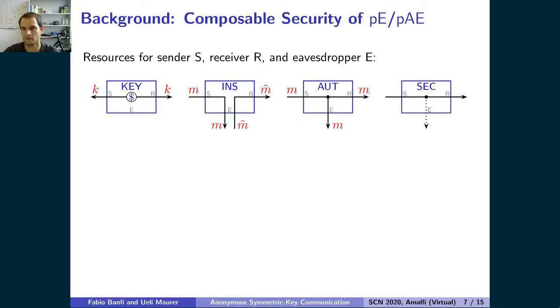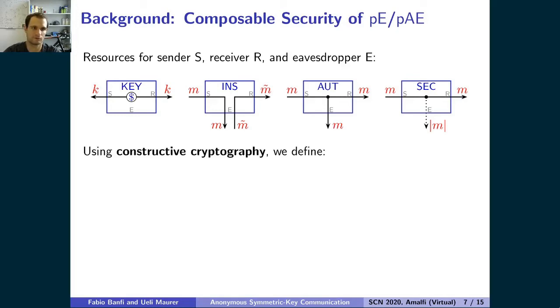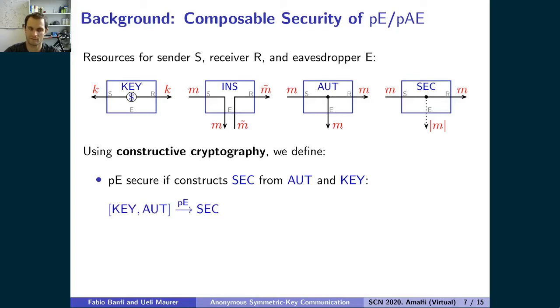And finally, the secure channel is similar to the previous one, except that now the adversary, the eavesdropper, can only see the length of the message, not the message itself. And using the constructive cryptography framework, we can define composable security definitions for PE as follows. Namely, we define such a scheme secure when it constructs the secure channel from the key resource and the authenticated channel resource, which more formally we can define as follows.